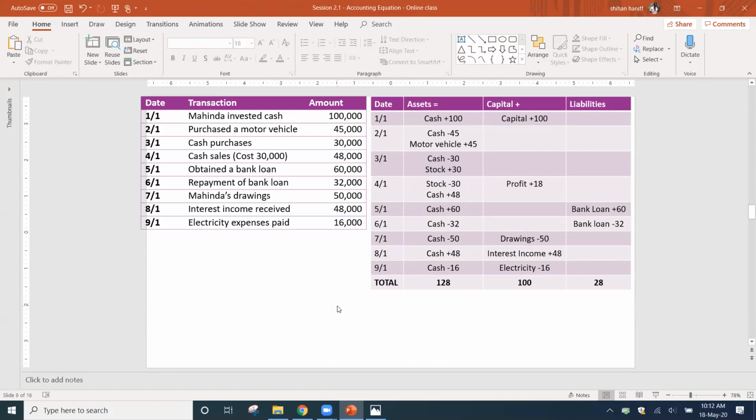Then we need to know how to calculate the profit using the accounting equation. Calculation of profits.